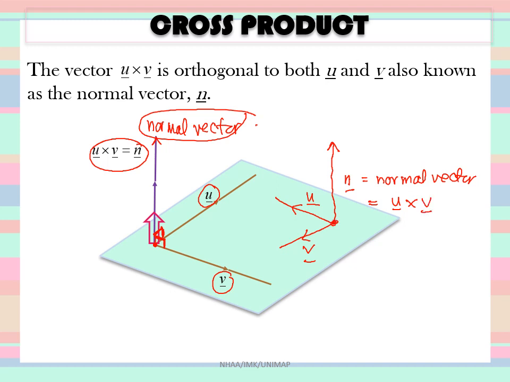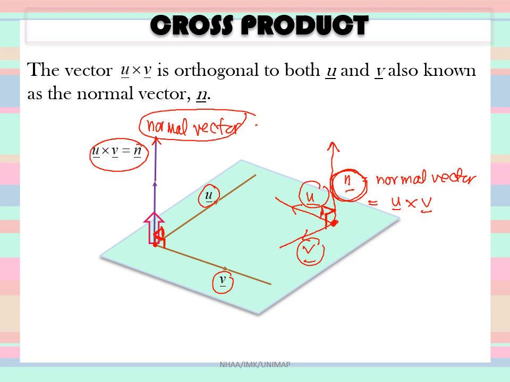Alright, so we create here, at the joint of the two vectors, a new vector called the normal vector. And the property of the normal vector is that the angle between your n and your v is 90 degrees. The same goes for the angle between n and u, also 90 degrees.